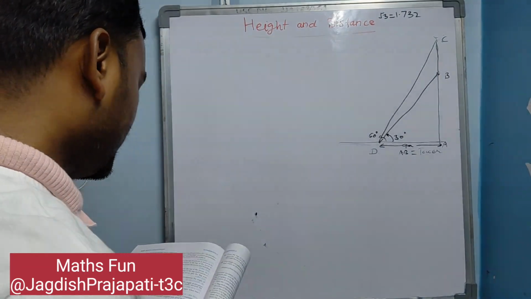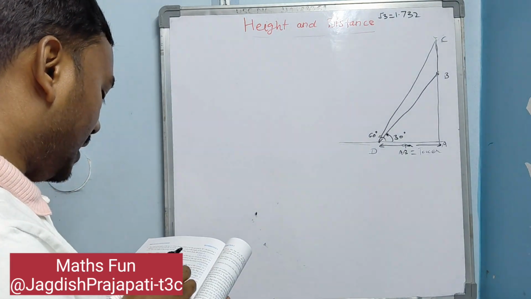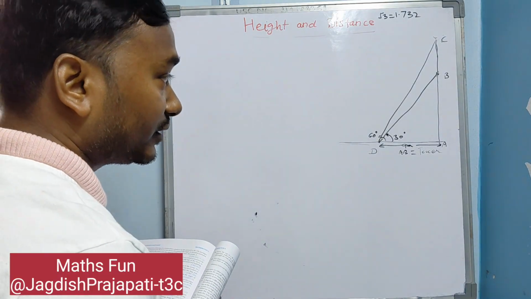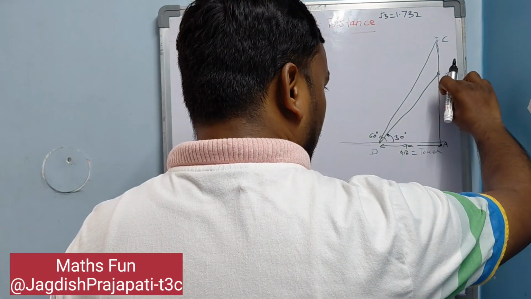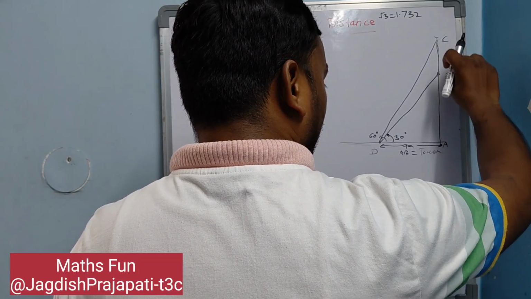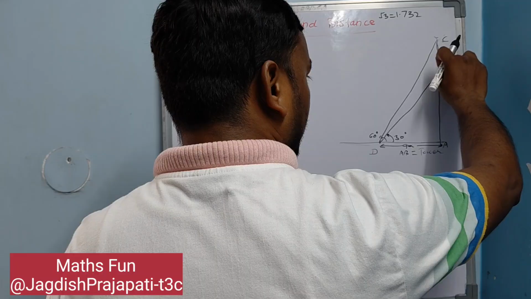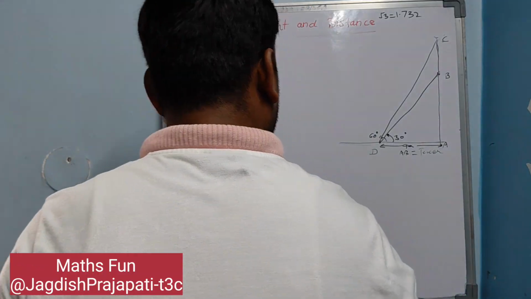Then the problem is we have to find the height of the tower and flagpole mounted on it. We have to find out the height of the tower and the height of the flagpole mounted on this tower. Okay.